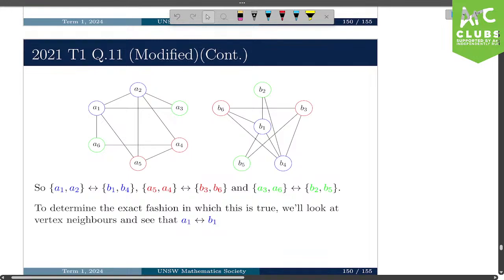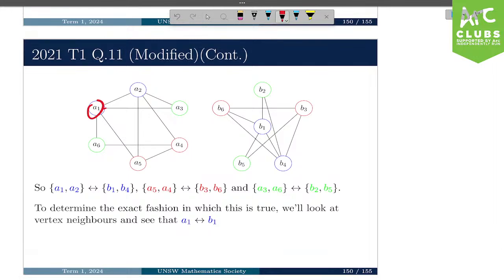Importantly, if we have a look at vertex A1, right, I'm just going to talk in terms of colors, but vertex A1 connects to a blue, green, green, and red vertex. It connects to 1 blue vertex, 2 green vertices, and 1 red vertex, right? Now let's look at, say, B4. B4 connects to 2 red vertices.